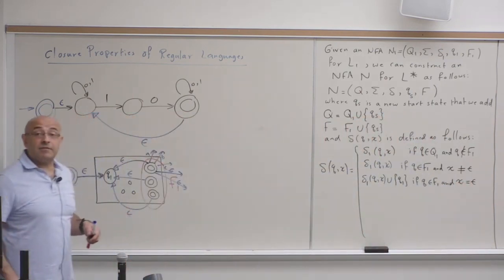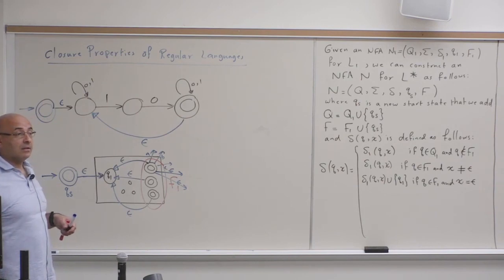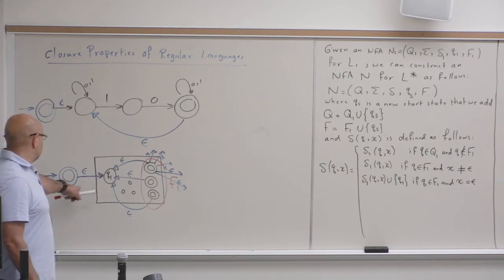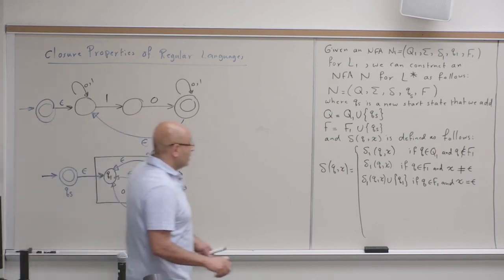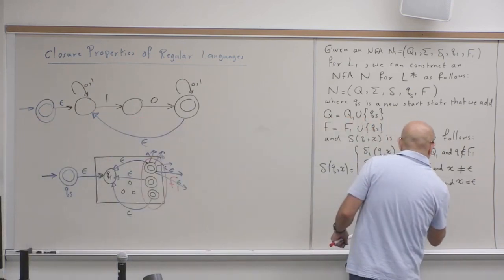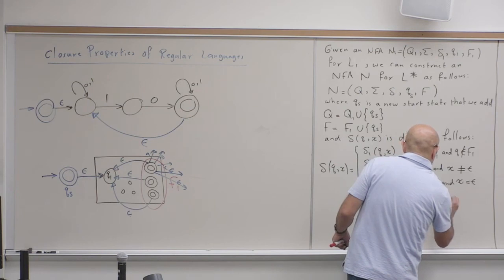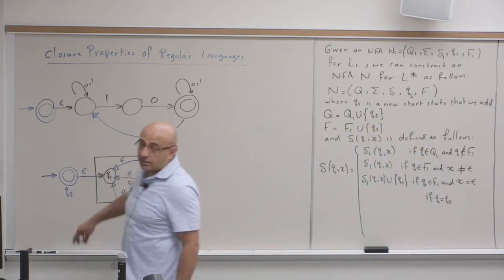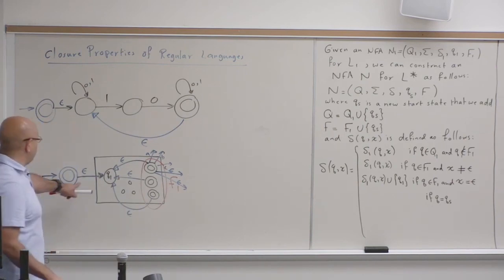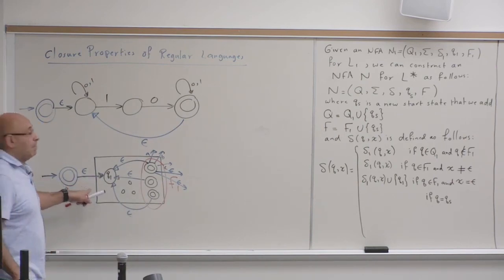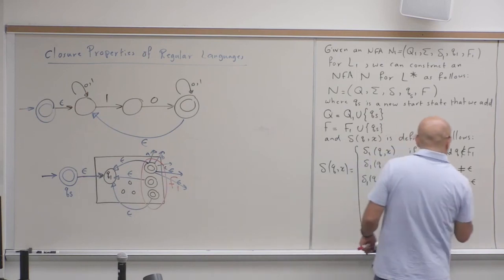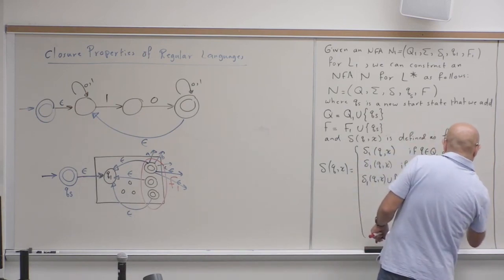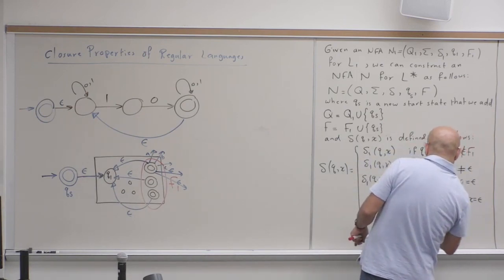What else do we need to define? The transitions for the new state that we have added. So if Q equals QS, there are two cases, because the transition may be epsilon or non-epsilon. If Q equals QS and X equals epsilon, we have a certain transition.